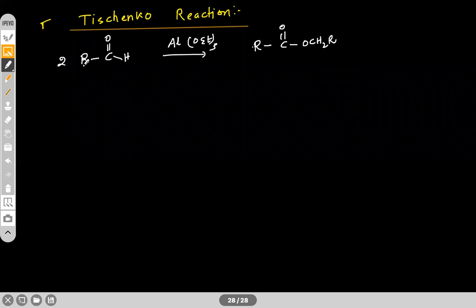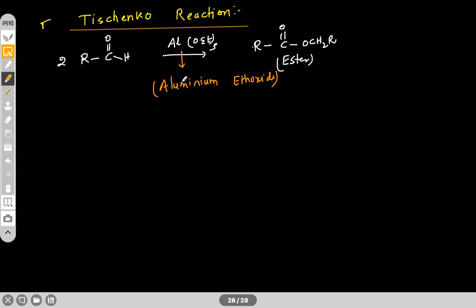So 2 molecules of aldehyde convert into an ester with aluminium ethoxide. Okay, we'll discuss the mechanism in this. Okay, how to do the mechanism.